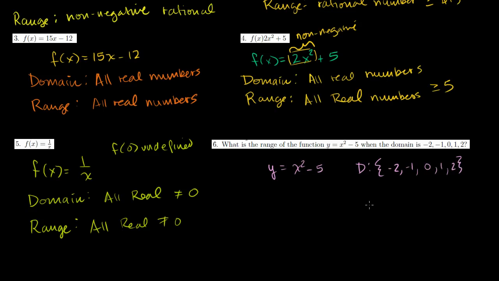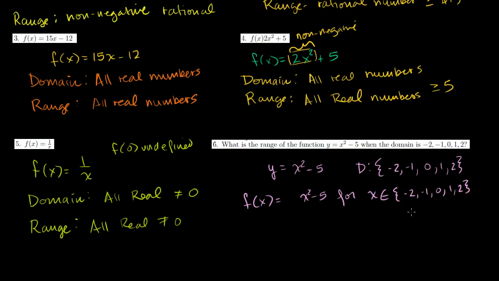So this function definition really should say f of x is equal to x squared minus 5 for x a member of the set -2, -1, 0, 1, 2. It's not defined for x being anything else than that. You don't know what to do with it. You can only apply it if x is one of these.